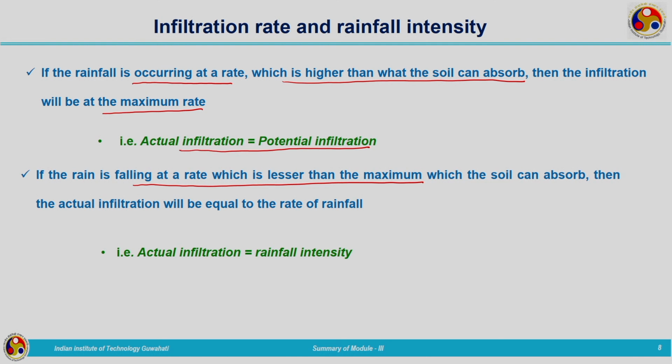So, the actual infiltration will be less than that of the potential infiltration, but actual infiltration can be equated to the intensity of rainfall. So, that is what is written over here, actual infiltration is equal to rainfall intensity in this case. So, there are two cases, one is rainfall intensity is more than that of the infiltration capacity, another is I is less than that of the infiltration capacity.